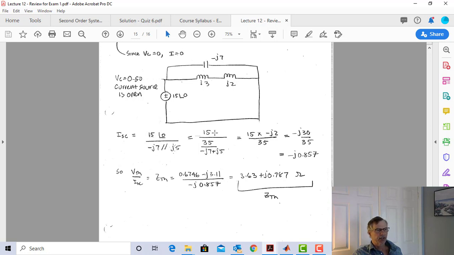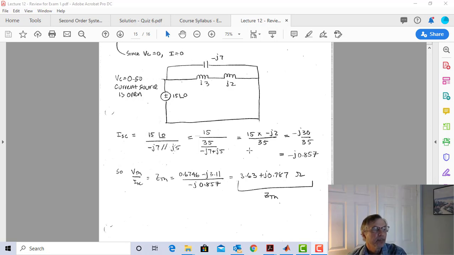So 15 divided by J7 in parallel with J5. And in the numerator, I'm going to have my J7 times J5. The two J's give me a -1. The negative J here gives me another -1, which is why this is a positive 35 divided by the sum of the two components. So this is just the parallel combination. And I work all that out and I get my short circuit current.